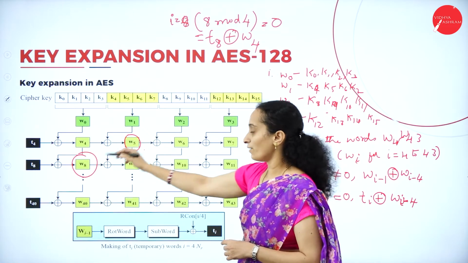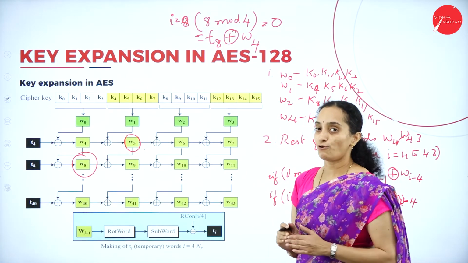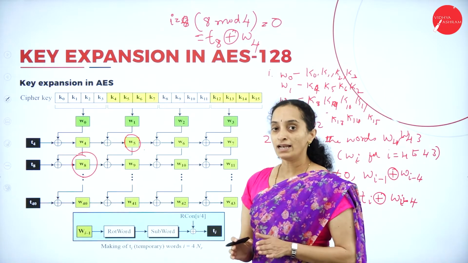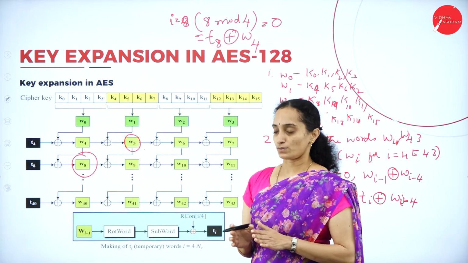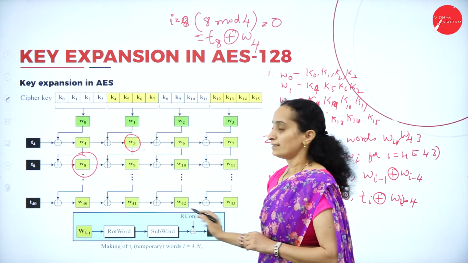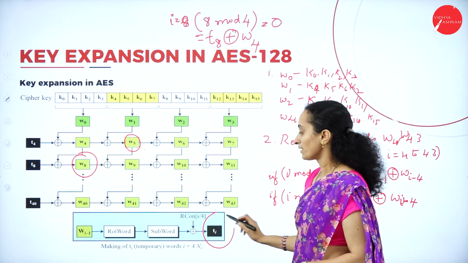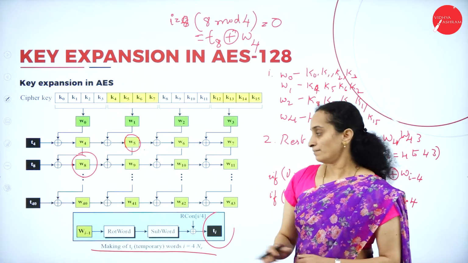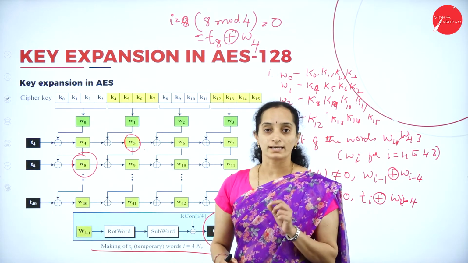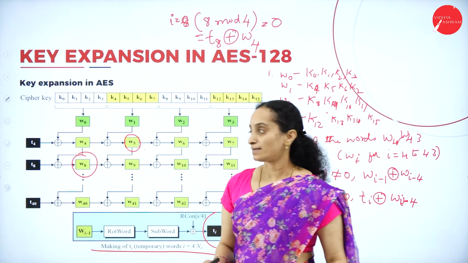Okay, this is how it is going to happen for the entire 44 words in 11 rounds. 10 plus 1, 11 rounds. So you are going to take the procedure like this. Here we have the expression that can be used to generate these words in the key expansion.